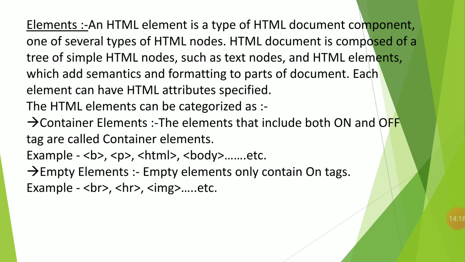And for closing a tag, we need to use a slash sign. Next, the empty element. An empty element only contains an on tag or opening tag. For example, BR tag, HR tag, IMG tag, and many more tags have only an on tag or starting tag. They don't have an ending tag.